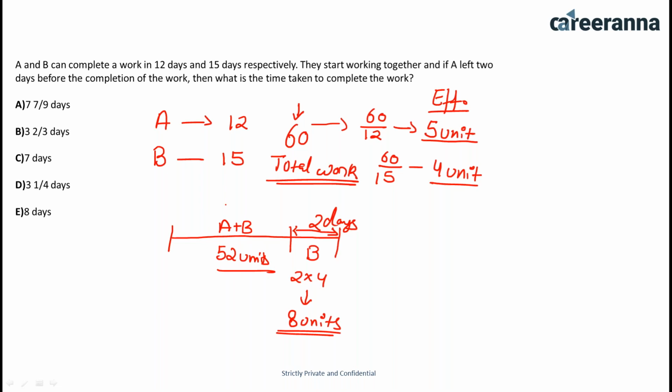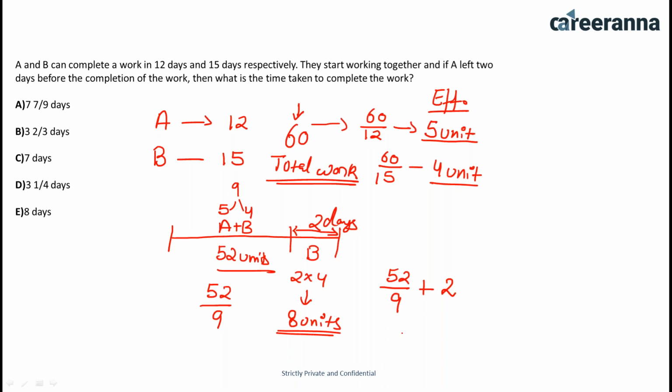You know the efficiency of A is 5, and the efficiency of B is 4. The combined efficiency is 9. So the number of days in which they complete this work is 52 by 9, plus these 2 days, because you have to calculate the time taken to complete the work. So you can directly put 52 by 9 days plus the last 2 days.